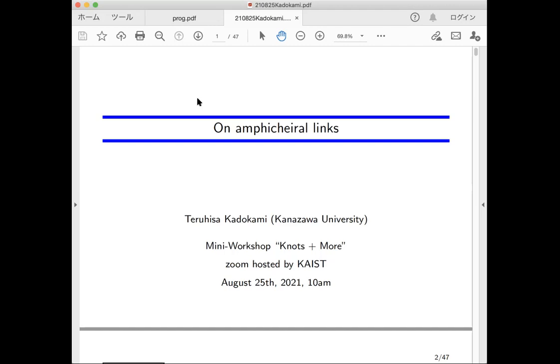Then I write one conjecture. Let L be an n-component algebraically split, component preserving Amphicheiral link, and n is even. I will explain this terminology later.